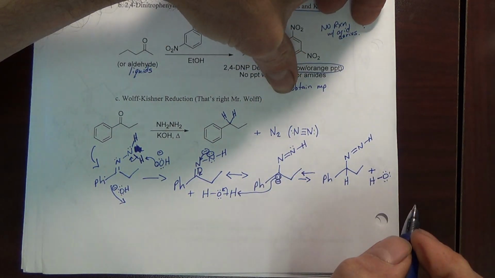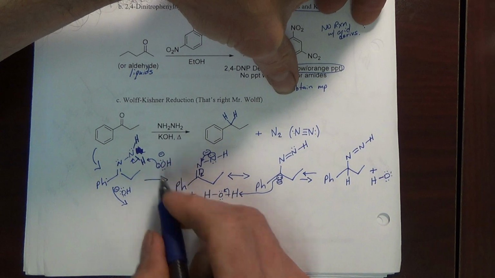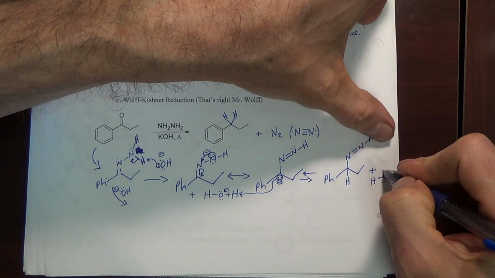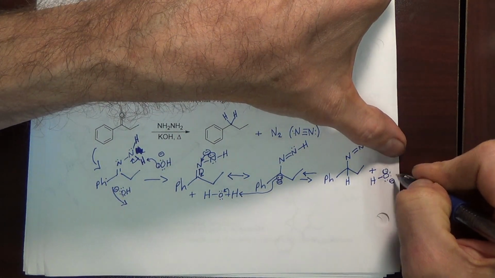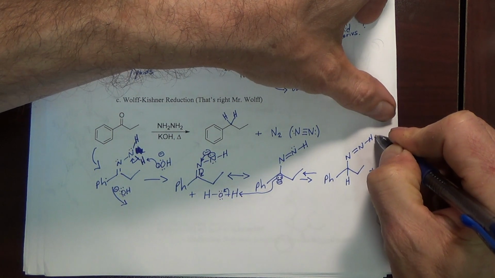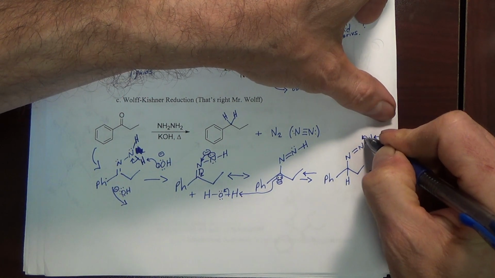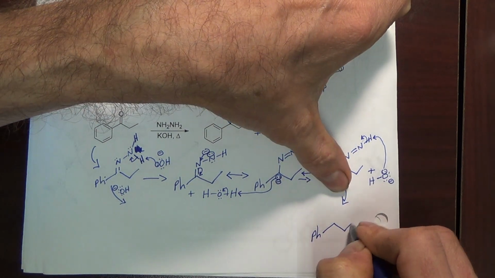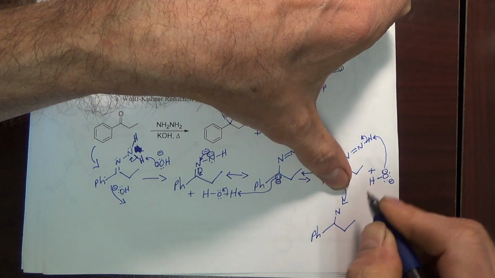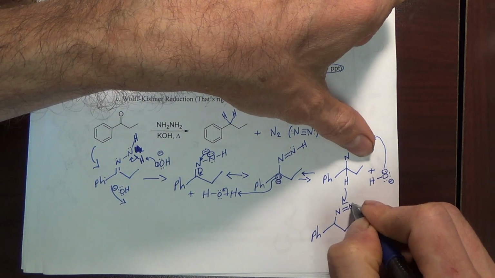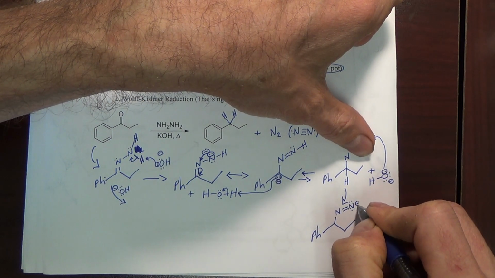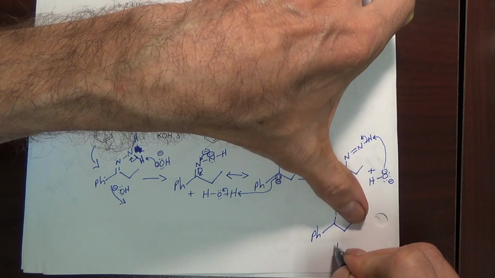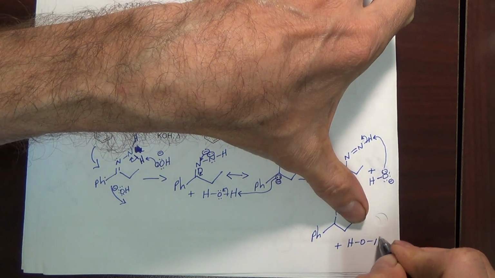And the hydroxide, we will see, I believe, is catalyst. Now we take the other H, electrons behind, double bond in. Now we have a nitrogen anion plus water again.